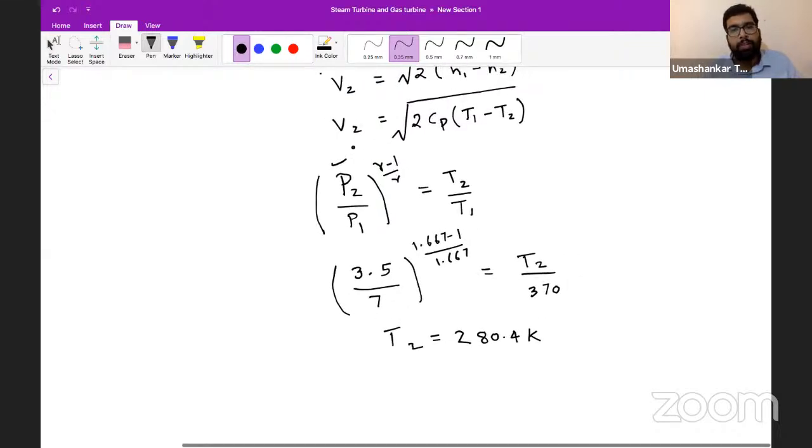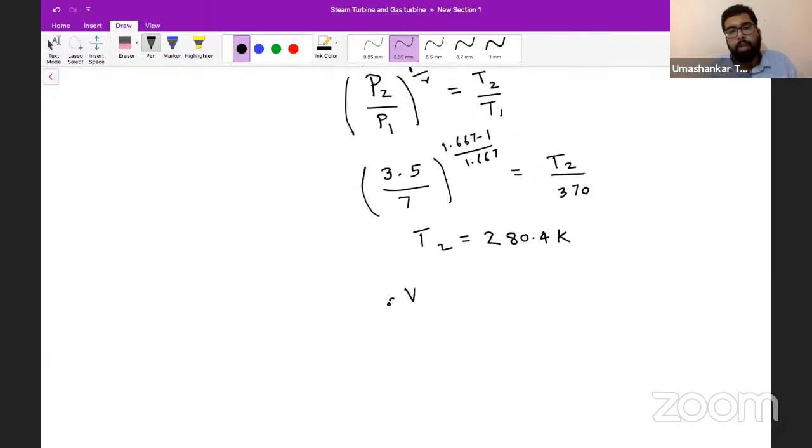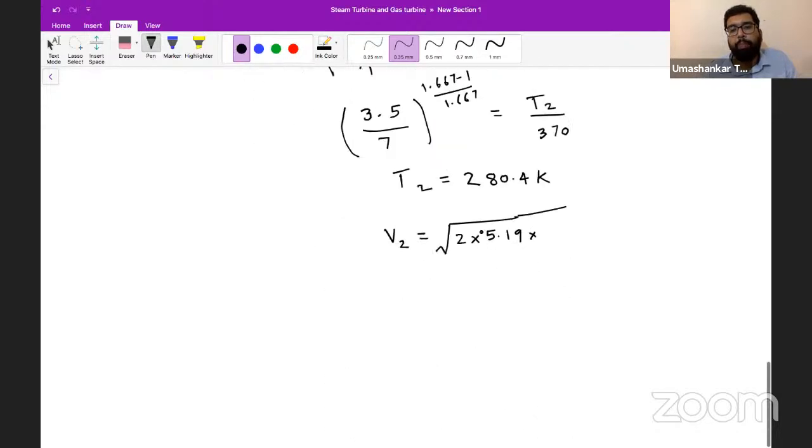So from this equation, which we have derived from the steady flow energy equation, we can have the value of V2 is equal to the square root of 2 times Cp, which we have in question 5.19, times T1 minus T2.